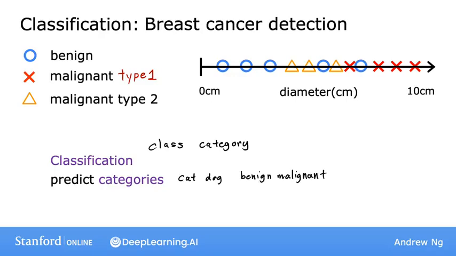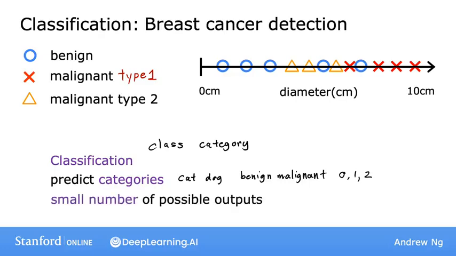Categories can also be numbers like 0 or 1, or 0, 1 or 2. But what makes classification different from regression when you're interpreting the numbers is that classification predicts a small, finite, limited set of possible output categories, such as 0, 1, and 2, but not all possible numbers in between, like 0.5 or 1.7.